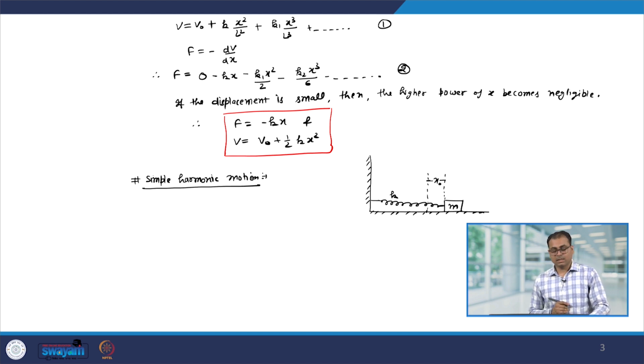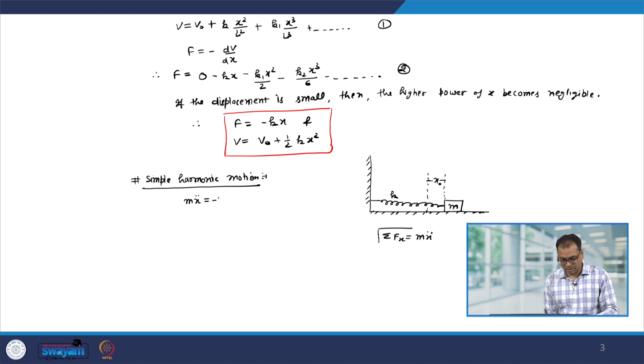So, in that case now we can analyze the motion. So, we have the equation of motion summation Fx equal to m x double dot. So, herein the force that is acting on the spring is minus k times x. So, we have m x double dot equal to minus k x, okay, from here. So, this is let us say equation number 3.